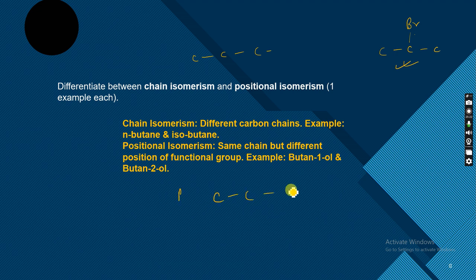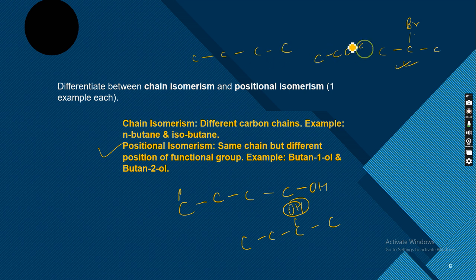If you put any functional group, say the OH group, in the first position, that is butan-1-ol, and in the second position it will be butan-2-ol. So if any functional group is there and its position is changed, it is called positional isomerism. And chain isomerism is a difference in the chains. It can be like this or it can be like this, where there are different carbon chains, so that comes under chain isomerism.